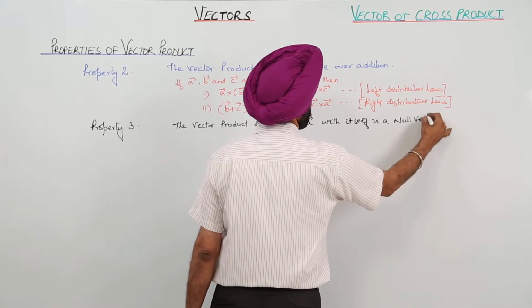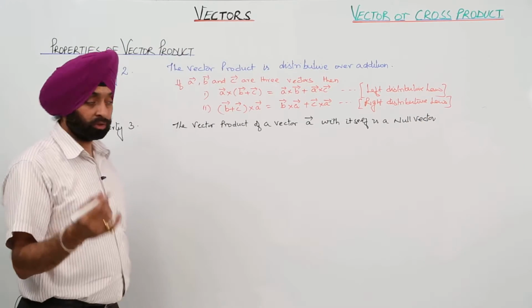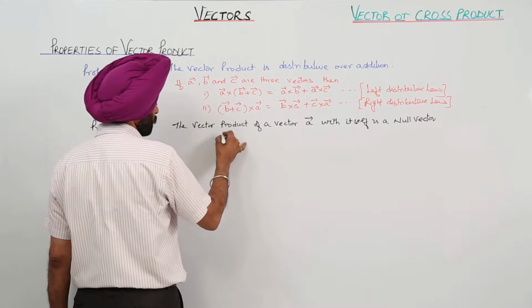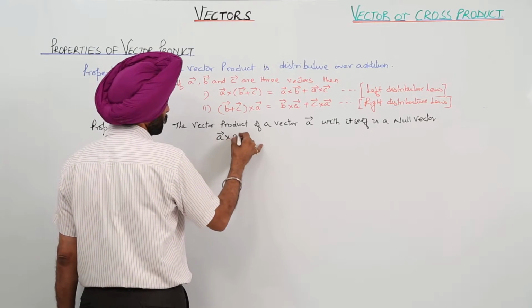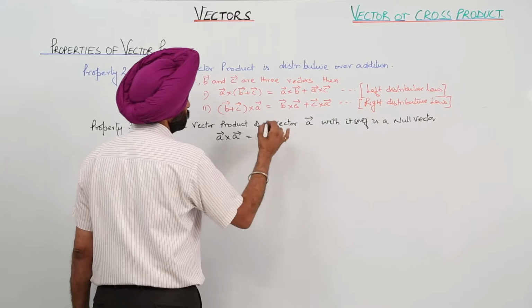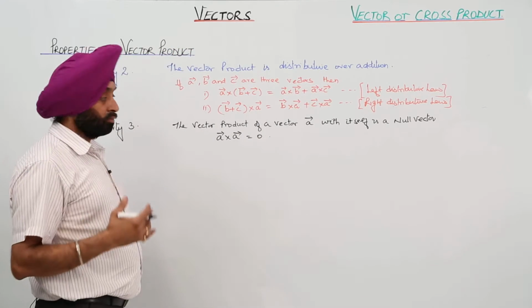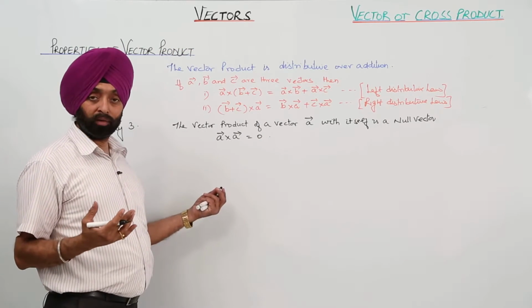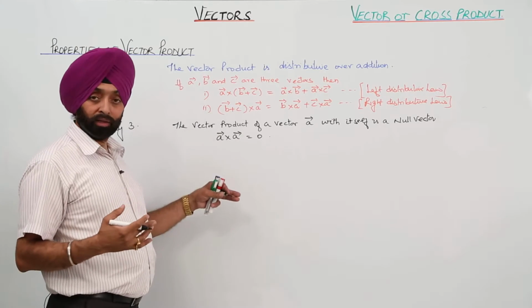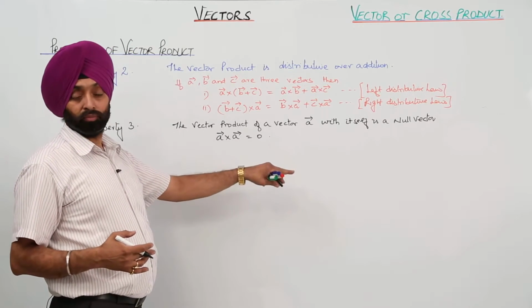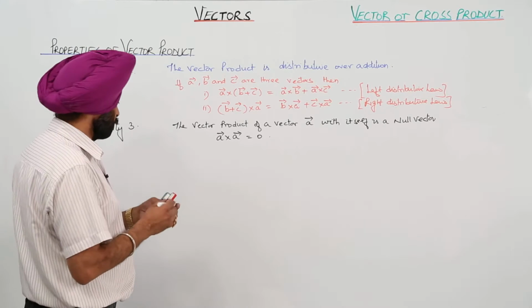This we have already done, but still we are using this in a property. So we are having vector A cross vector A, this is equal to 0. Because this we can write it as a parallel vectors also, they are coinciding with each other, or with the definition for the vector. We can prove by anything.